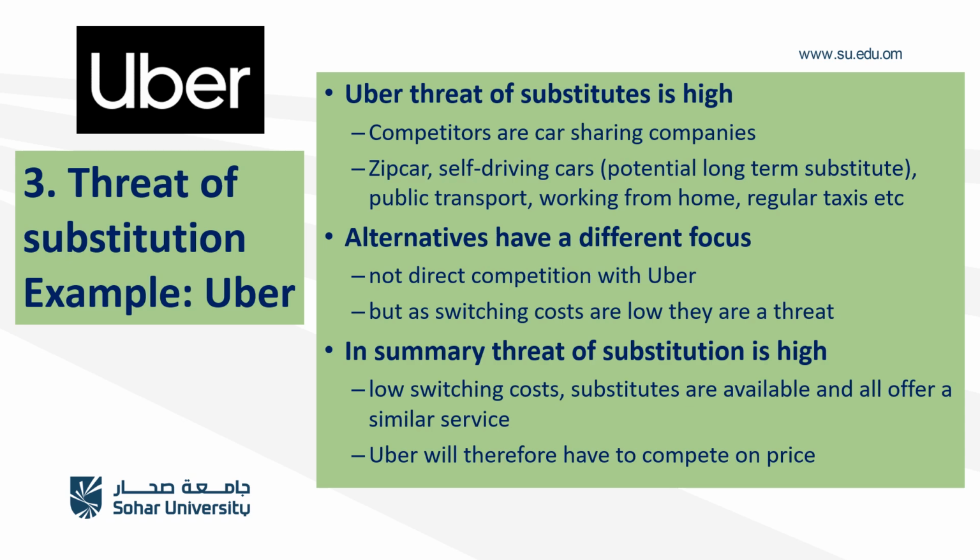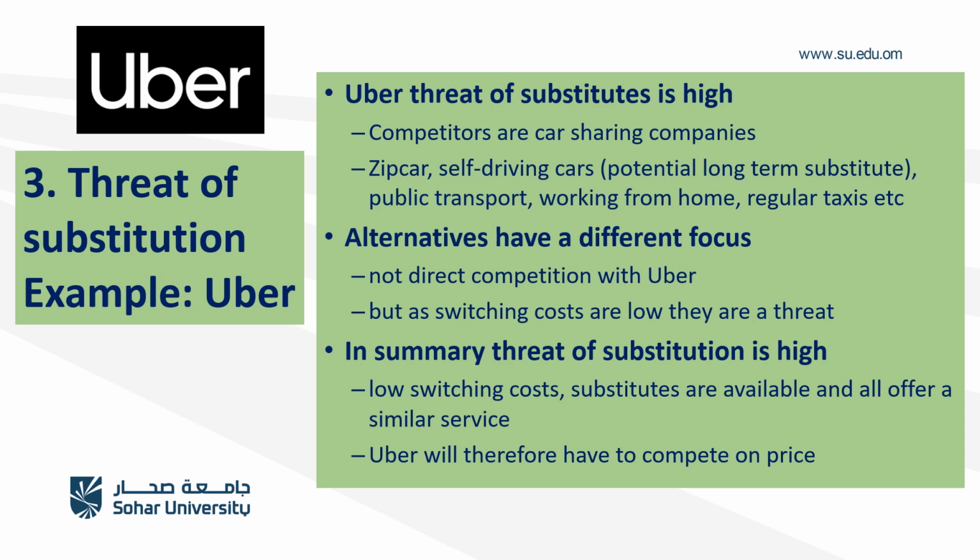So the alternatives Uber has have a different focus. For example, they are not direct competition with Uber, but as switching costs are low, they are a threat. Even though it's not direct competition, the public transport, the self-driving cars, or the regular taxis pose some threat based on the switching costs, because they can offer lower prices for the services compared to Uber.